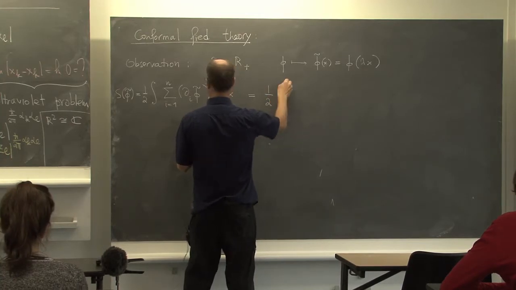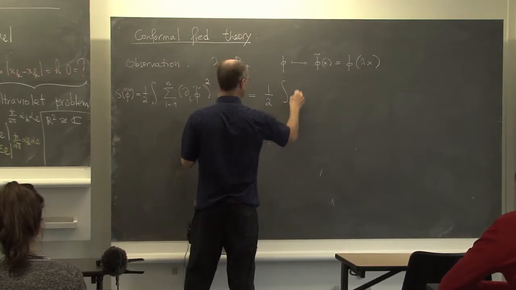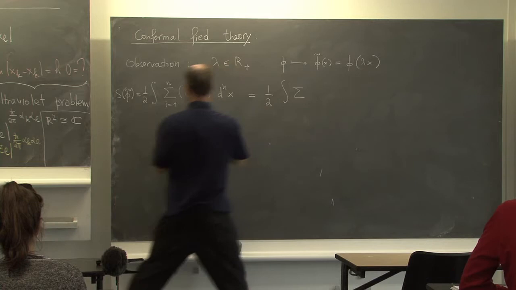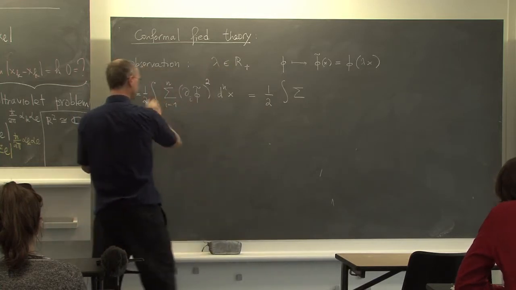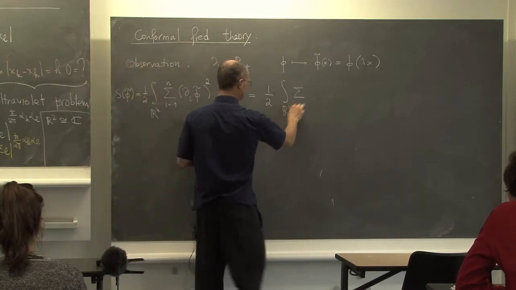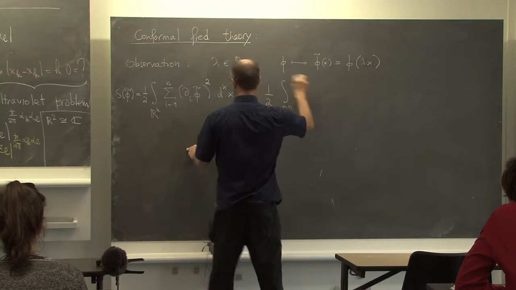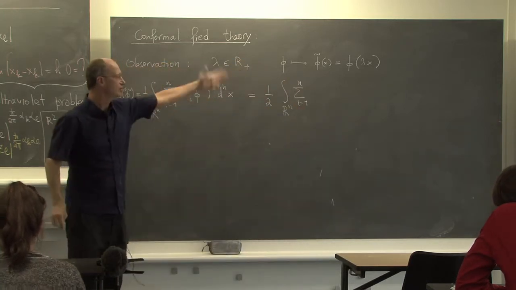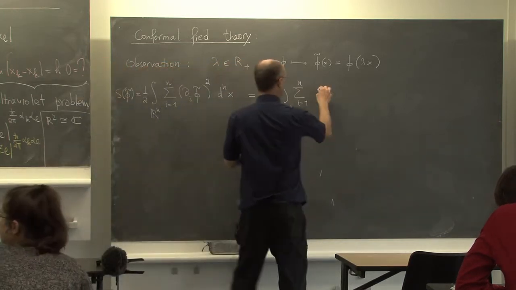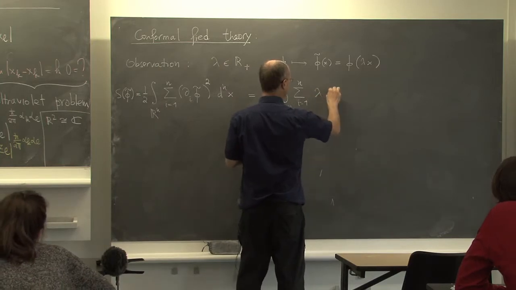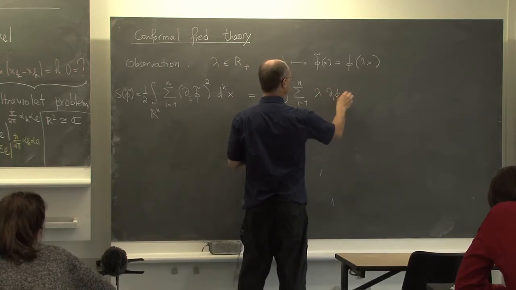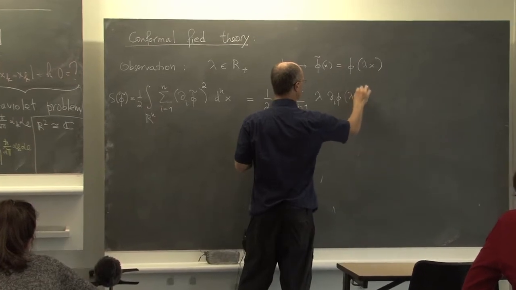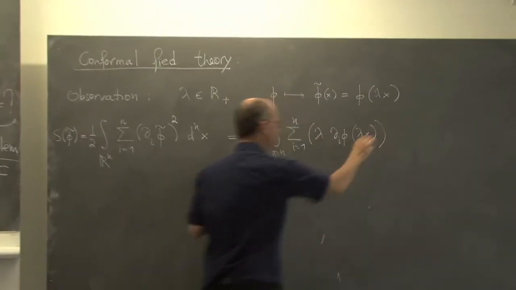This will be 1/2 integral over R^n, sum from 1 to n. Now what happens here? When we differentiate, we get an extra factor of lambda, and this is d_i phi of lambda x that we're getting there.